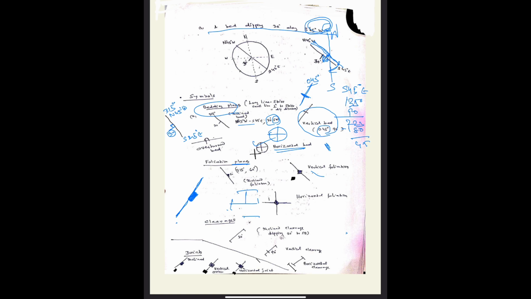Here you have to mention the dip amount. If it is a vertical joint, then this will be like this, on both sides of the strike line.